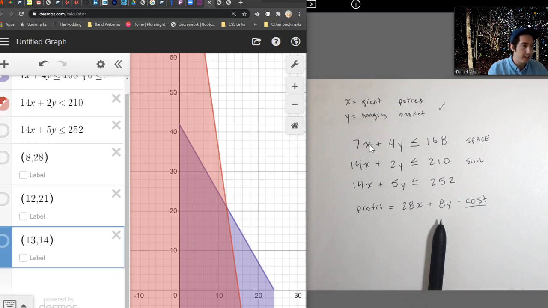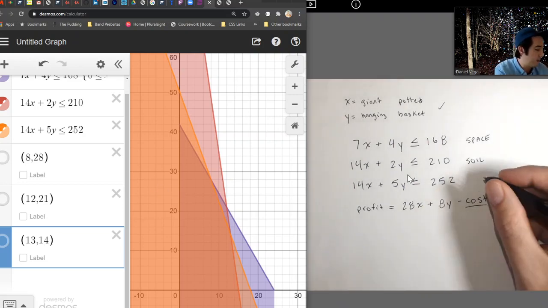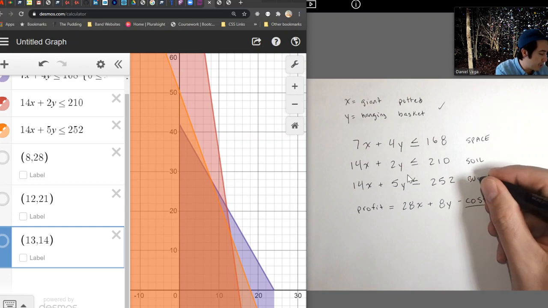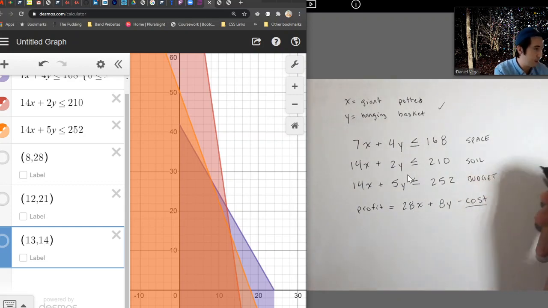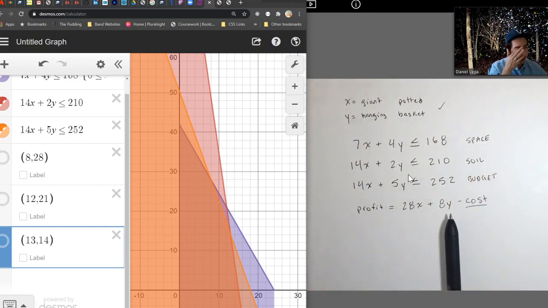So there's your second equation. Our last equation here, the orange one, is now the money. How much money, or your budget? How much can you spend? There's that equation.